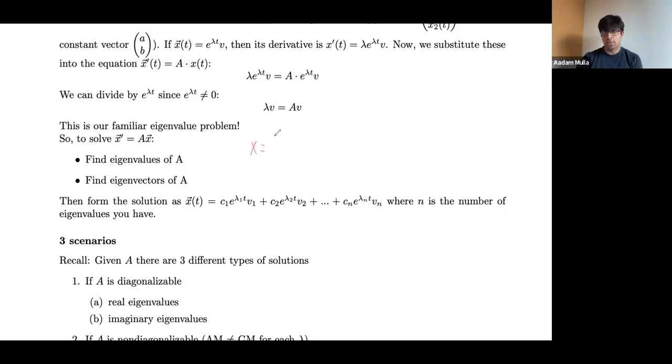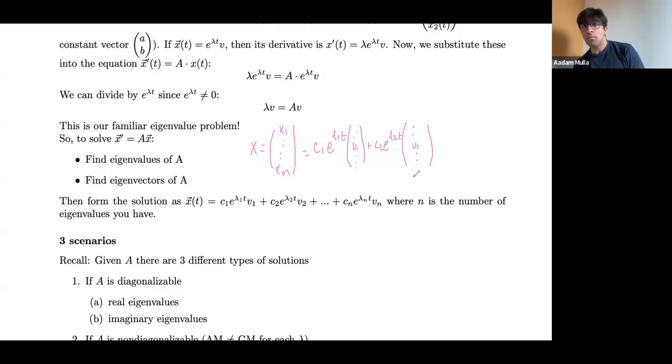So x, which is equal to x1 all the way down to xn, is equal to c1 e^(lambda1 t) times v1, and remember, v1 is a vector, plus c2 e^(lambda2 t) times v2, just like that, etc., all the way down to the nth one.